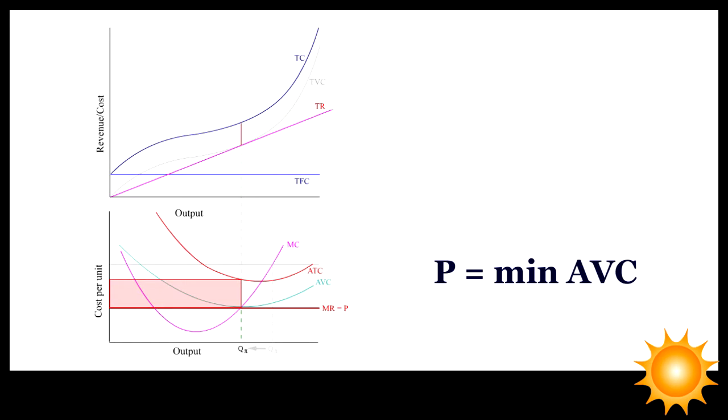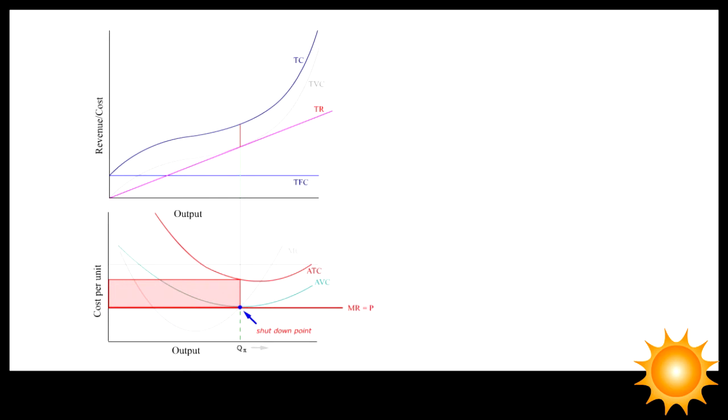Total loss would increase until none of the fixed cost is covered when price is equal to minimum AVC. At the minimum AVC point, the firm is indifferent between staying in business and quitting altogether. Therefore, minimum AVC is known as the shutdown point for a price taker.